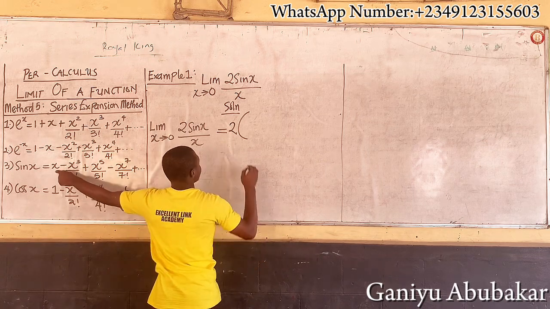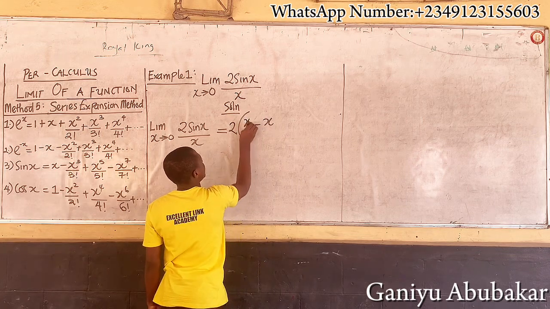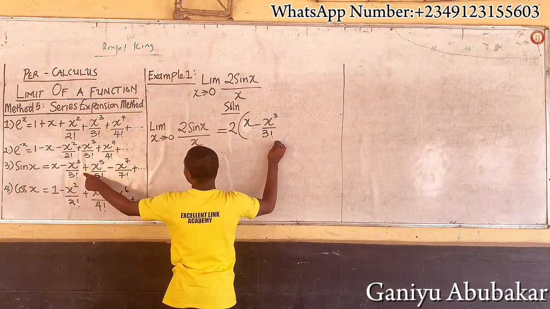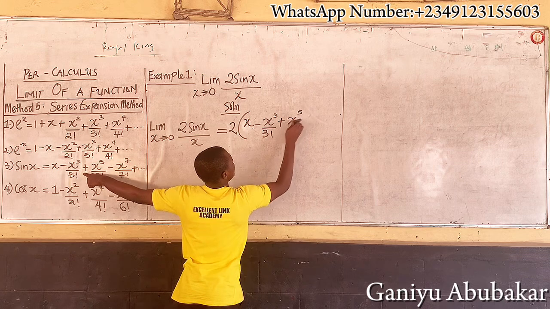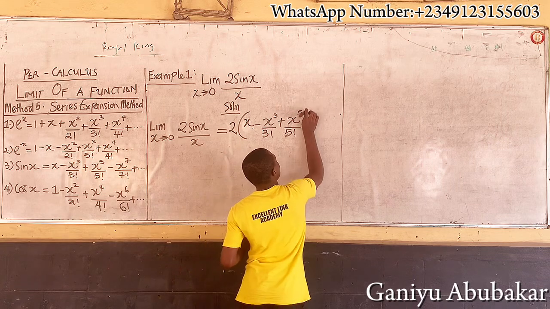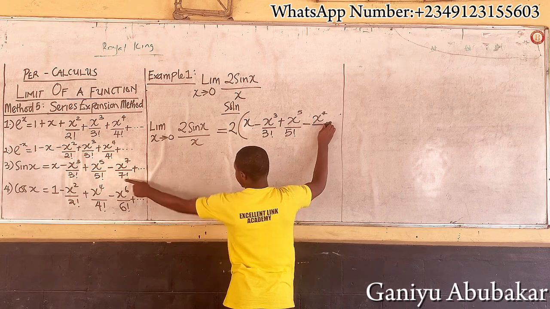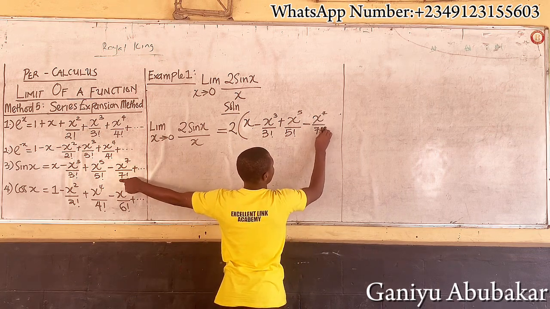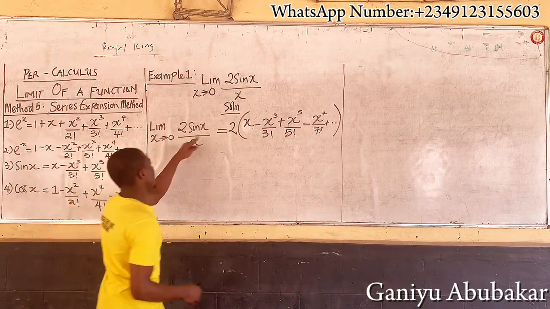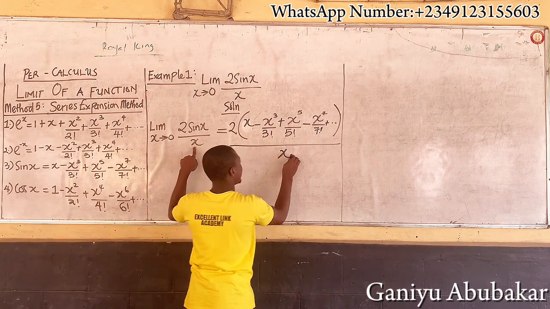Everything here becomes x minus x cubed over 3 factorial plus x to the power 5 over 5 factorial minus x to the power 7 over 7 factorial plus, it continues in that pattern. So that's sine x, all over x.